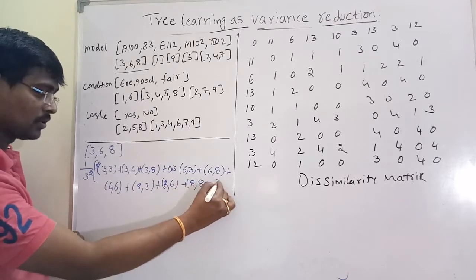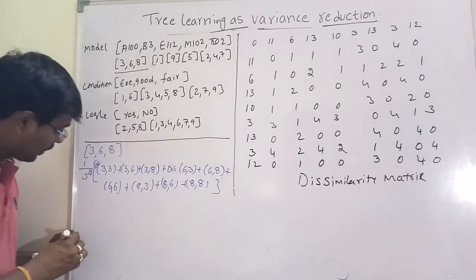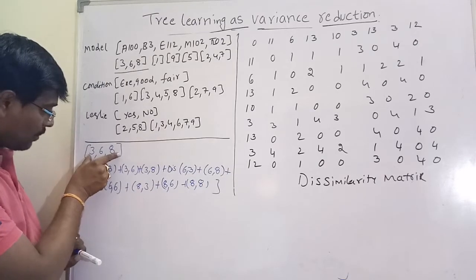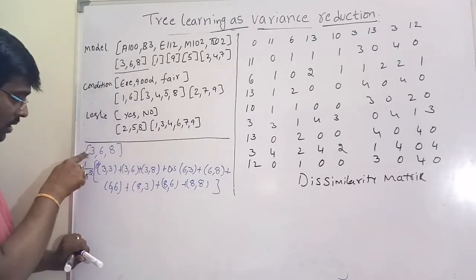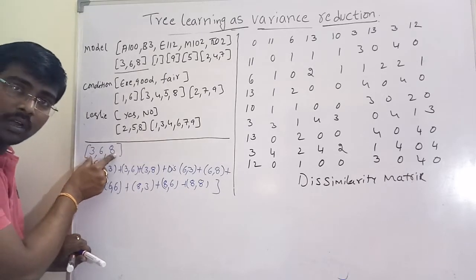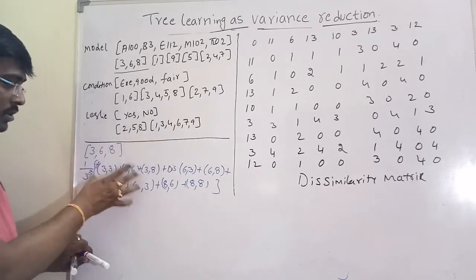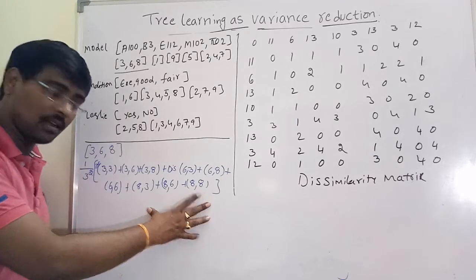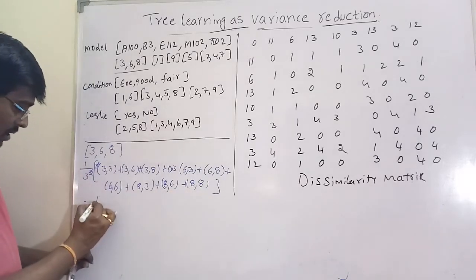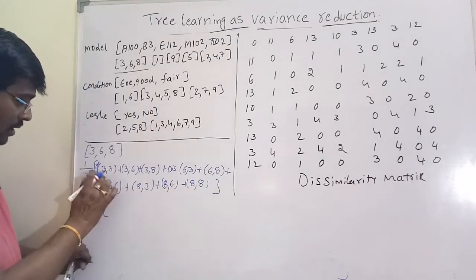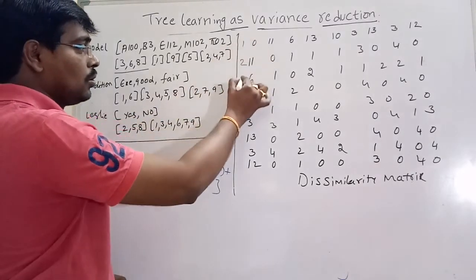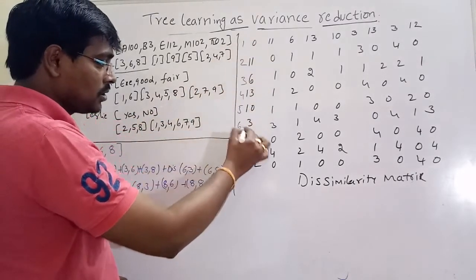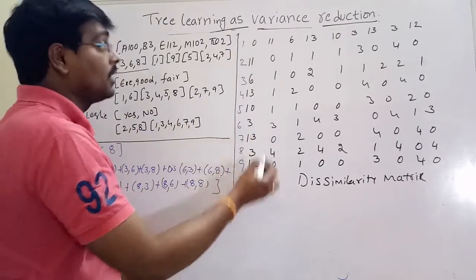Observe the procedure: 1 by D square, where D is the number of instances in this set. That is 1 by 3 square, and for all possible combinations we have 9 terms. So the answer is 1 by 9 into the dissimilarities, where these are the transaction numbers 1, 2, 3, 4, 5, 6, 7, 8, 9.